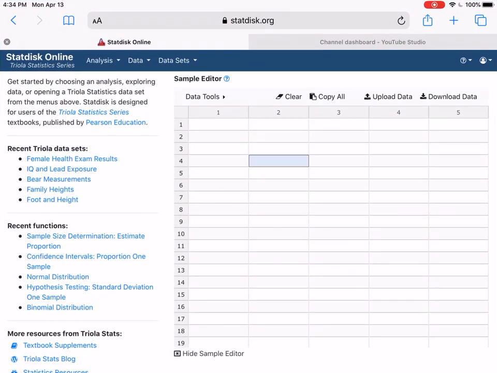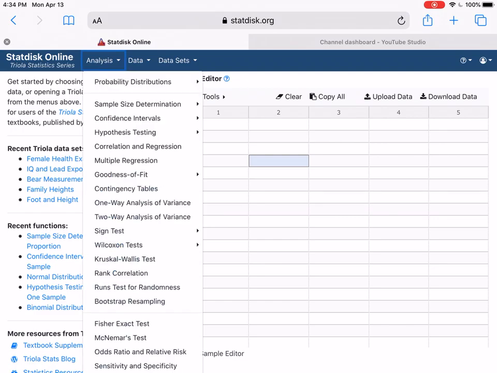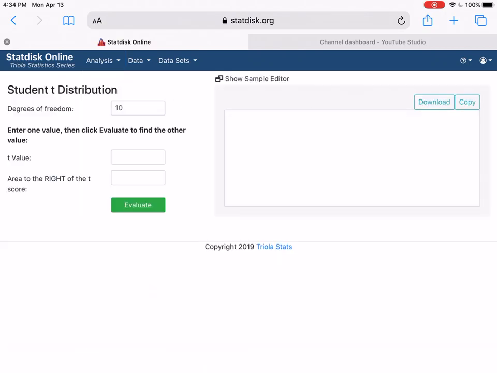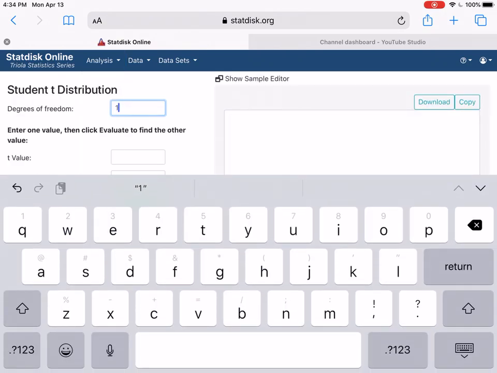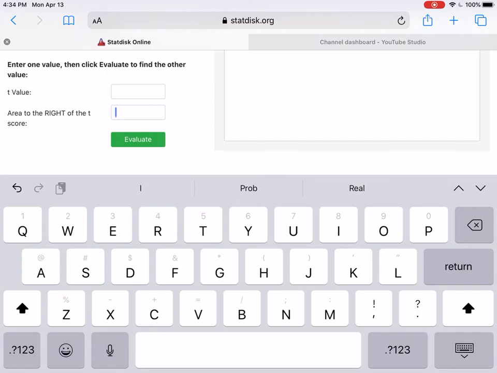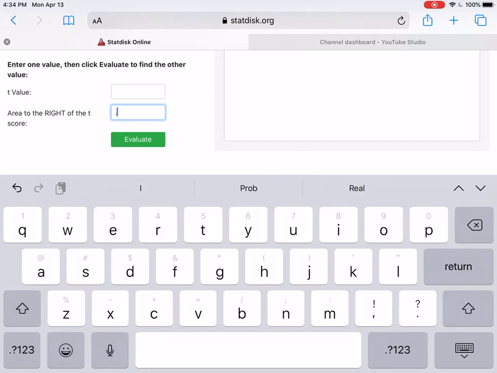So here we are in StatDisk. I'm going to choose Analysis, Probability Distributions, and then we are choosing a Student t-distribution. Degrees of freedom, we have 33. Nope, we had 32. Our sample size was 33, so degrees of freedom is 32. And the area to the right of the number that we want is 0.025.